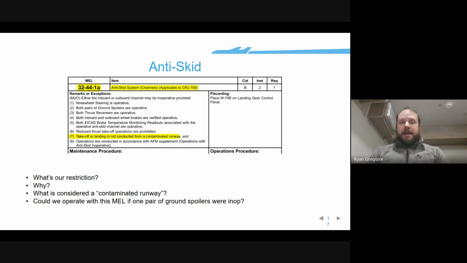At most, you might be asked, like, what are some factors that might limit our takeoff weight or landing weight? But beyond that, the expectation to get your dispatch certificate is not going to be complex takeoff and landing performance calculations. That's all stuff that will be handled by computers when you're actually dispatching.